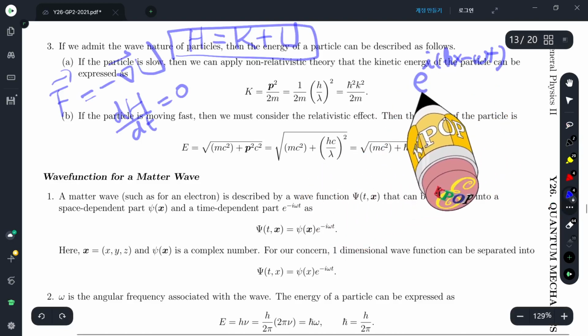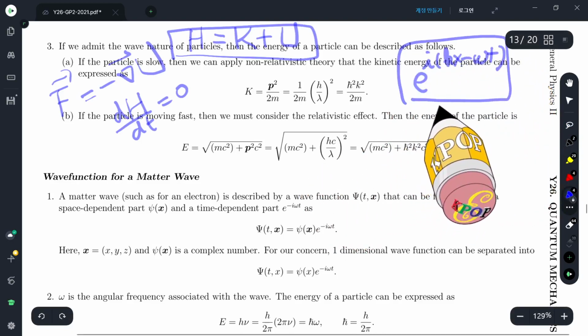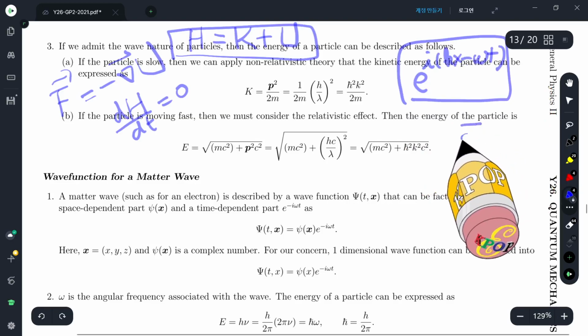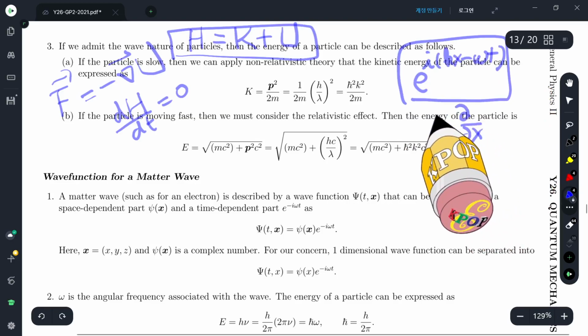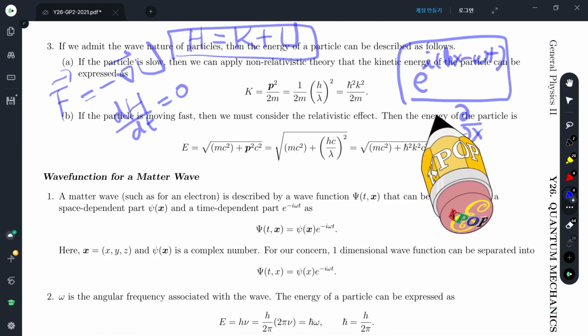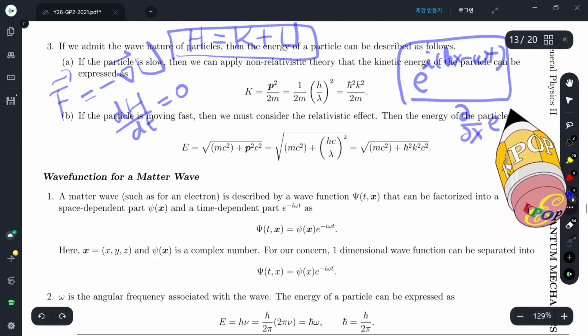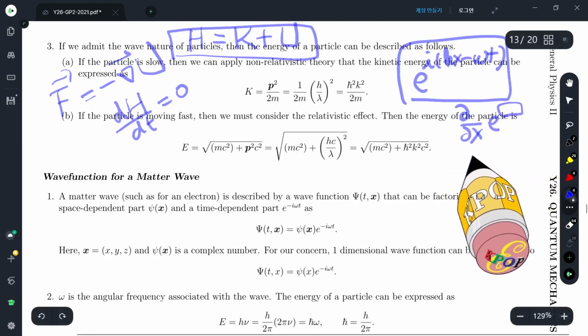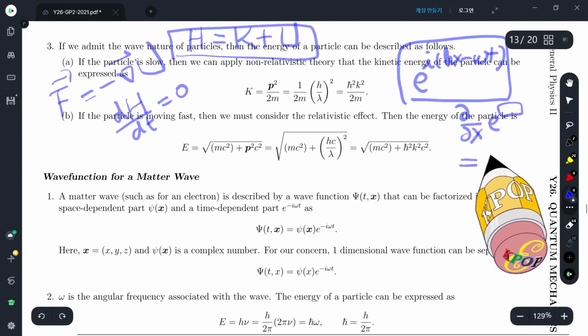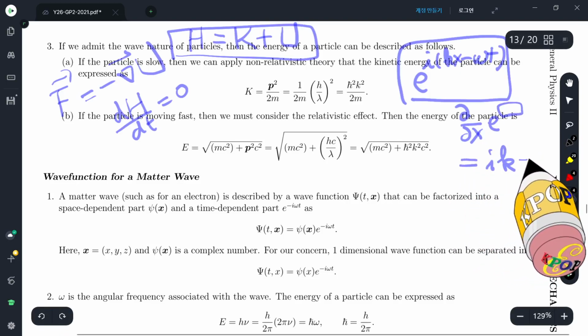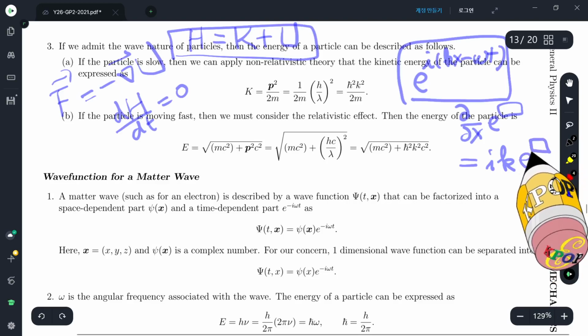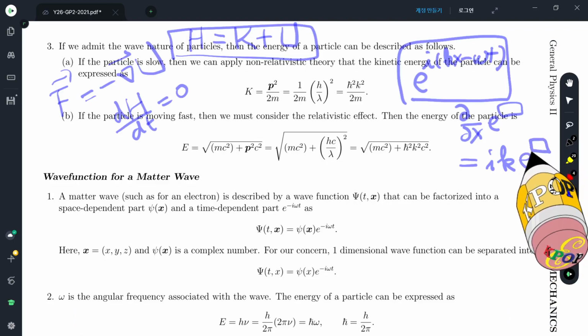This is an exponential function. What I would get is, taking the partial derivative with respect to x of the wave function, ik. And we still have the same wave function. Exponential is good.